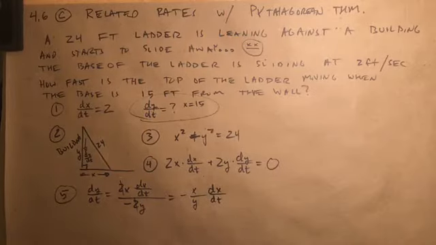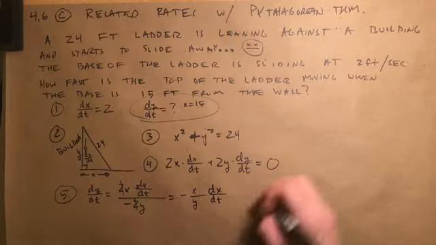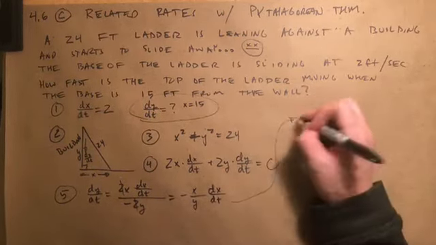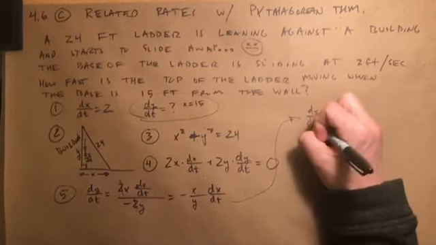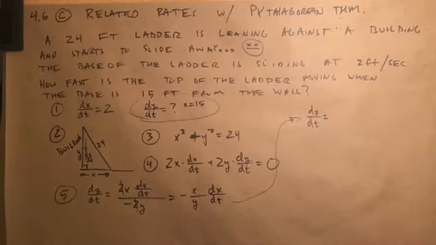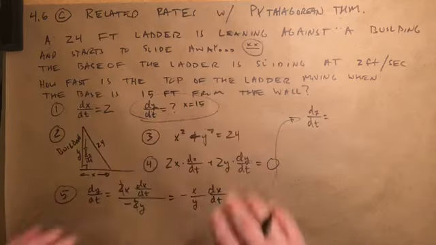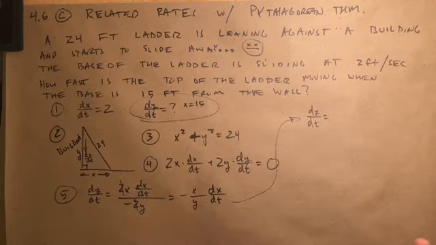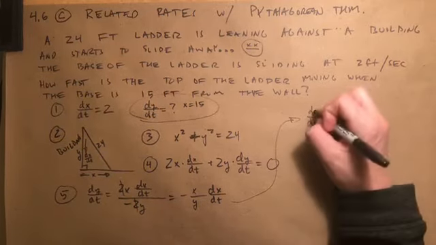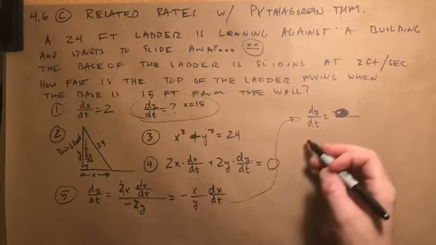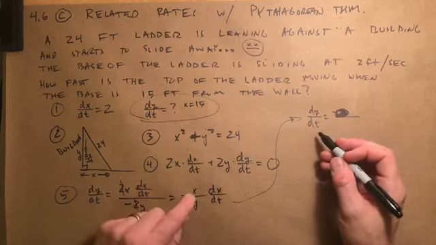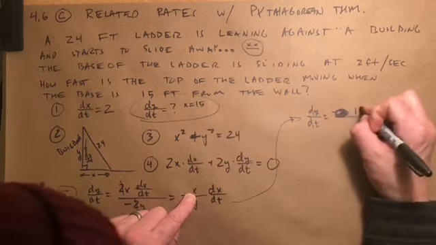All right, now it's time to plug in and see what we get. So we have our dy/dt, that's what we're looking for. I could say alternately, we could plug these things in first and then solve for dy/dt, but six of one, half a dozen of another, it doesn't really matter. So we start plugging in information. x is equal to 15.